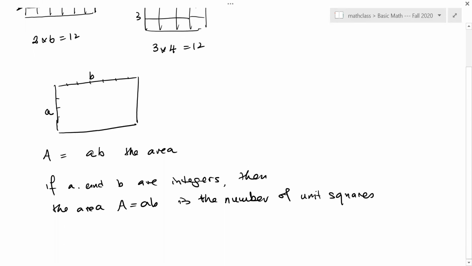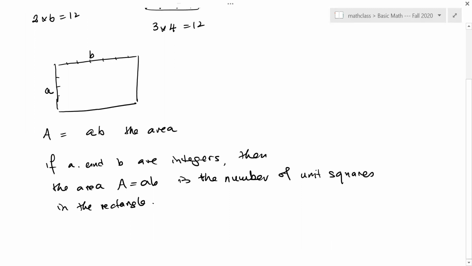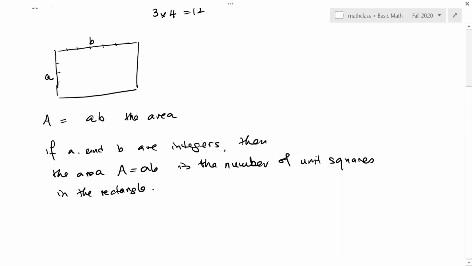So that's the geometric meaning of the area. Now more generally, A and B are not necessarily integers. Then it still tells you how many unit squares are contained in the rectangle. So this is the notion of the area.